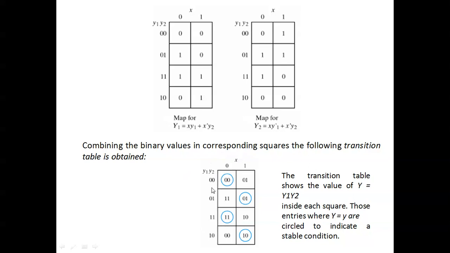Here, for the value 0 0, the input state and output state are both the same, so just put a circle. Here also 0 1, the input state is also 0 1, so put a circle, since output and input are the same. Here also 1 0. So this is the transition table.